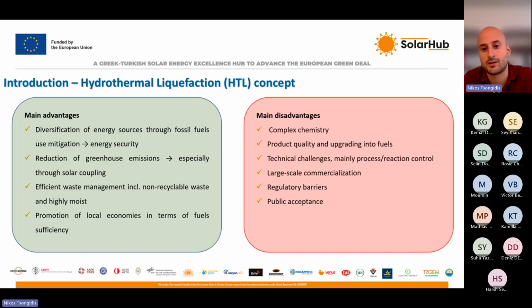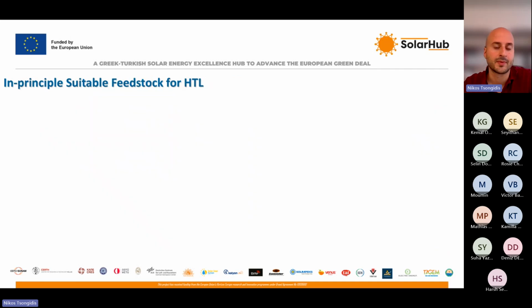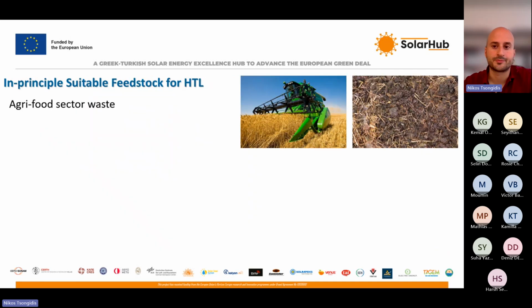We also lack examples of large-scale commercialization. This is something that is still under investigation in most cases. Of course, there are some regulatory barriers which mainly apply to HTL, but not only to this concept. And the last thing is that all these technologies need to have public acceptance, which takes time and effort to be achieved.